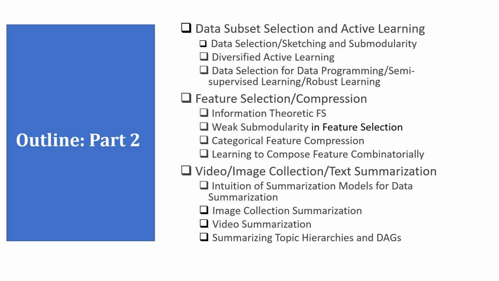So here is a summary. We talked about data subset selection and active learning, and three different components therein: feature selection and compression, again information theoretic, weak submodularity, and categorical feature compression. We concluded with learning to compose features combinatorially.